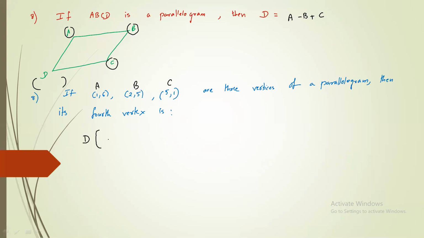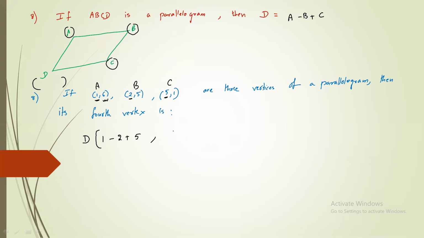First x coordinate, you will take x coordinate of A, that is 1, minus x coordinate of B, 2, plus x coordinate of C, that is 5. Similarly, y coordinates.